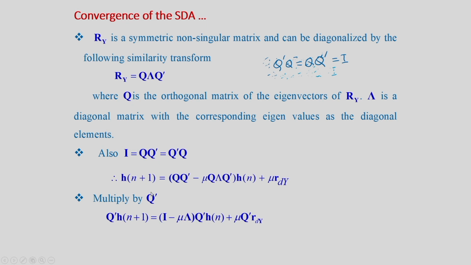If we multiply by Q transpose both sides, this gives Q transpose into Hn plus 1.